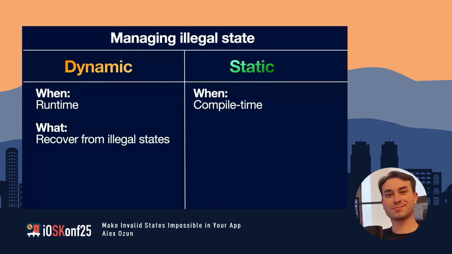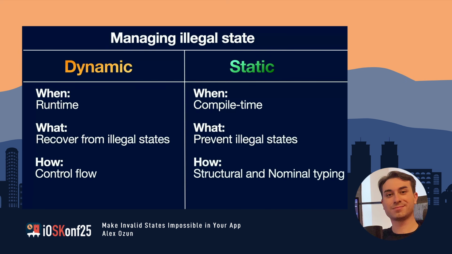Whereas static attempts to completely prevent it from ever happening in the first place. Indeed, the title of this talk says, make them impossible. How do we do this in the dynamic approach? By using control flow operations, like if-else statements, guards, switches, try-catch blocks, etc. The static approach attempts to utilize structural and nominal typing, or the type system of our language. Today's talk will be focused on the static approach.